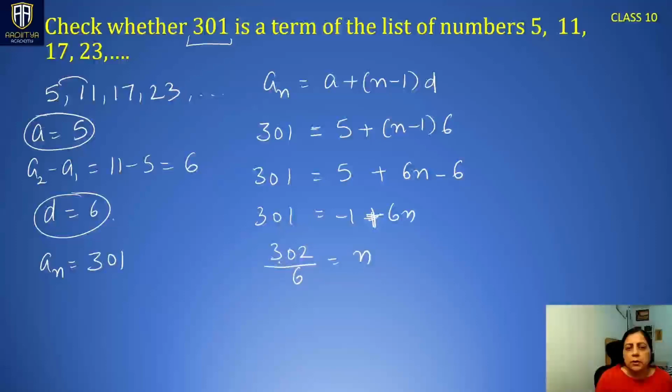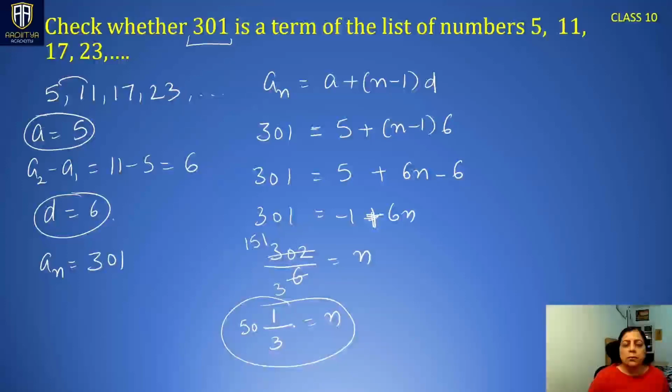Now this number is not perfectly divisible. 2 threes are 6, then 151. If I take it in fractions, or you can say if you divide, 5 threes are 150 and 1. The value of n is in fractions.